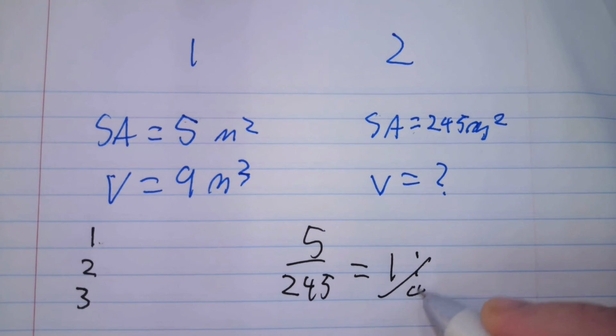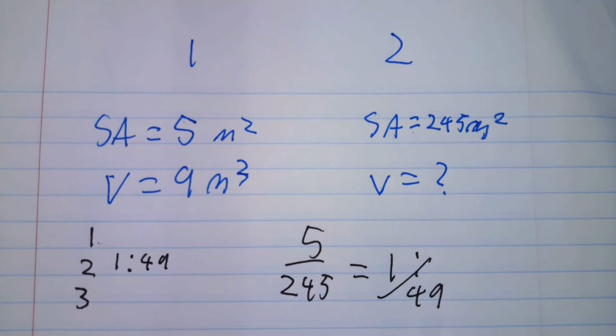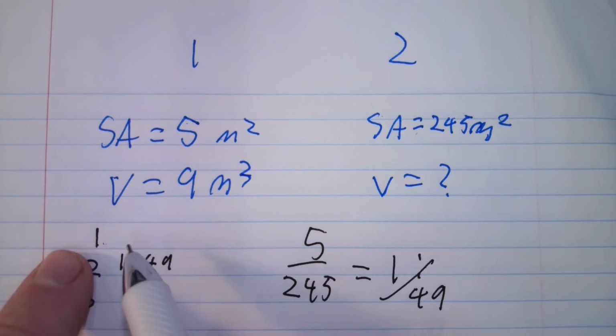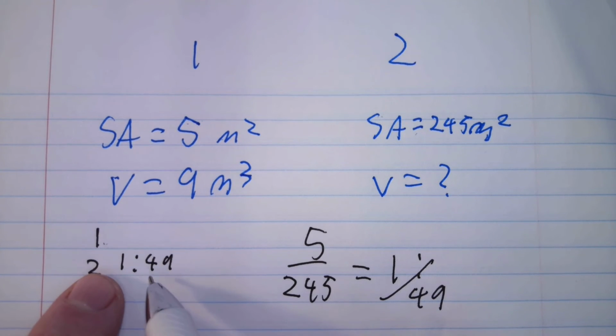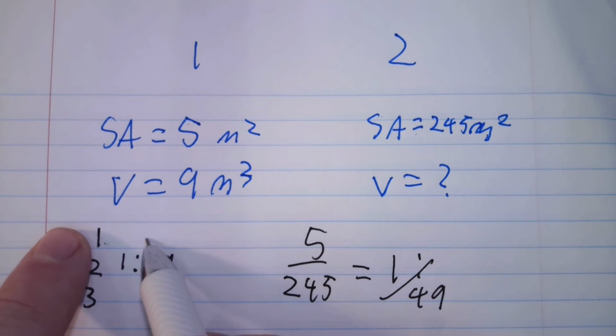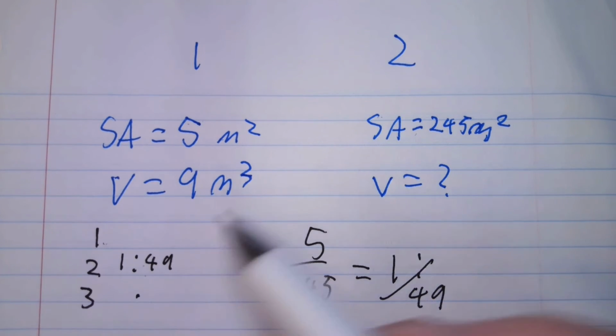1 over 49. All right, I need to go to scale factor because we already talked about this where unless I use fractional exponents, I have to go back to scale factor. I cannot go directly from here to here.